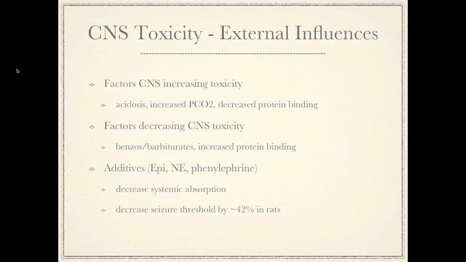Factors that will increase toxicity are acidosis, increased PCO2, and decreased protein binding. On the other hand, things that can decrease CNS toxicity are benzos and barbiturates, as these will increase the seizure threshold, and increased protein binding, as this will decrease the amount of circulating local anesthetic.